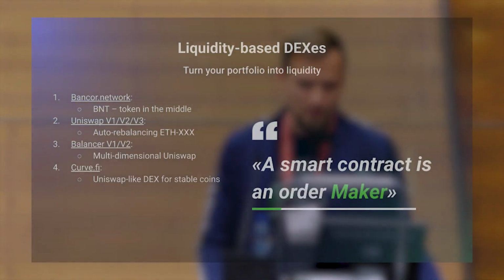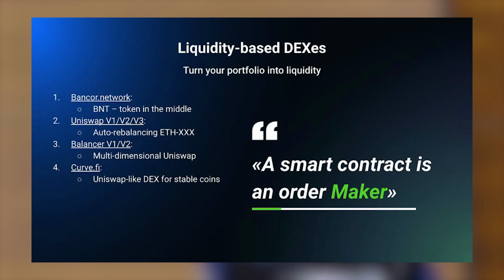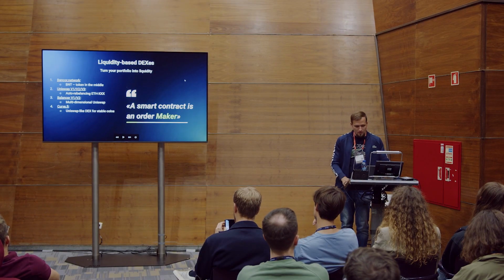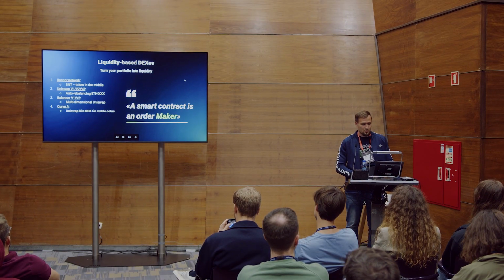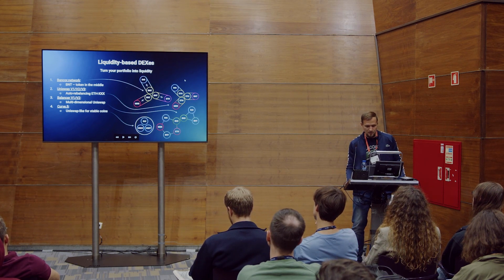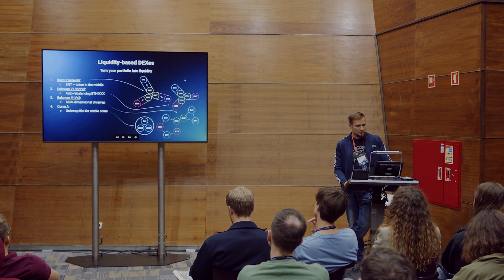Bancor network was the very first AMM concept. Then Uniswap made this concept even better with, I would say, an improved formula and a simpler implementation. Later, other projects also appeared. Let's discuss them, and I'll explain how they're different.